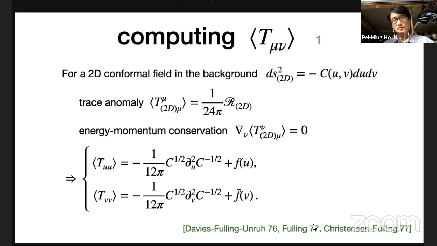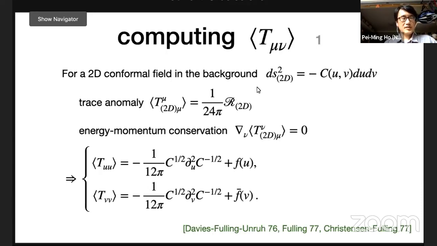But that was just the result according to the equivalence principle. People also try to do a computation directly without quoting the equivalence principle. One such work in the early days was a paper by Davies, Fulling, and Unruh.